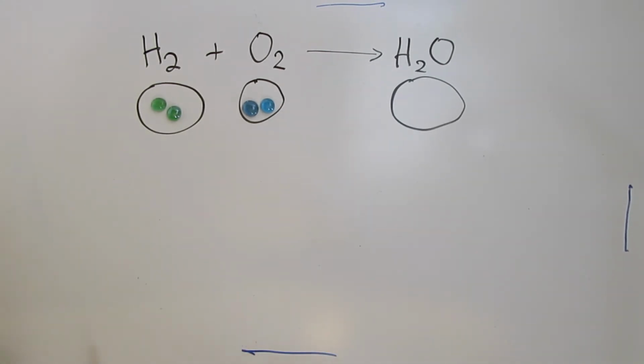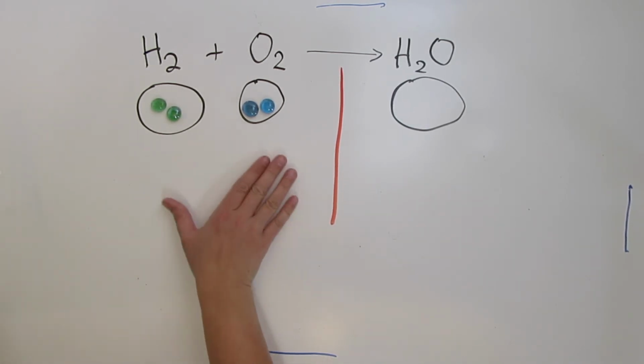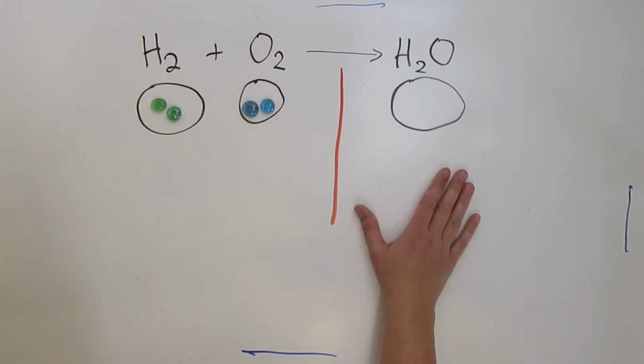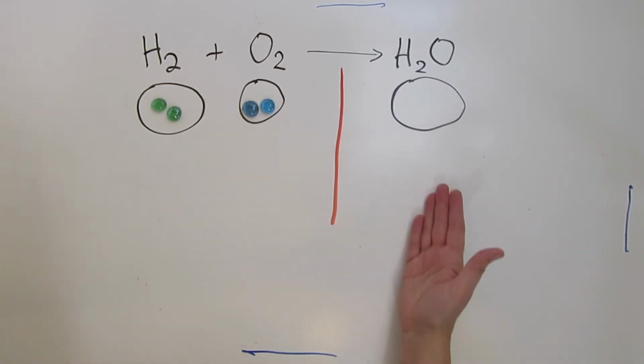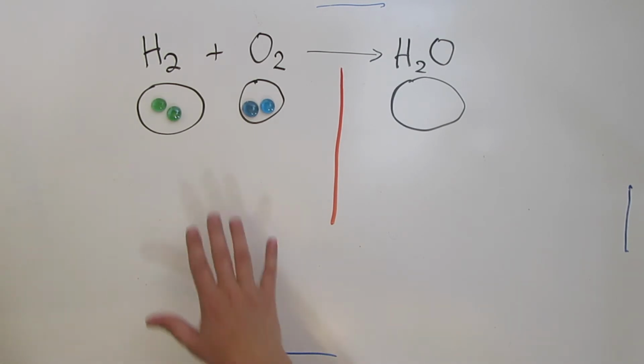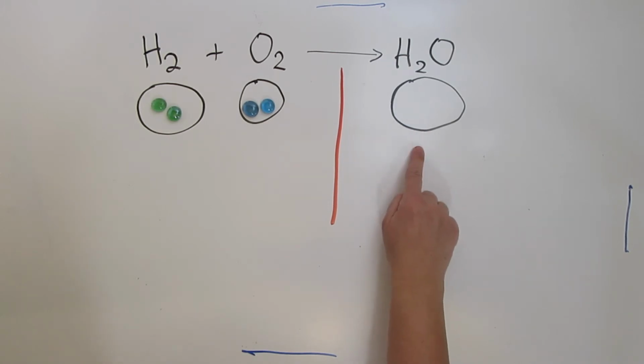So I'm going to put a line right here to remind us that everything on this side is reactants, or you could think of them as ingredients, and everything on that side is products, the thing that comes out of this recipe. Now, let's see what happens if we try and take these ingredients and put them into water.